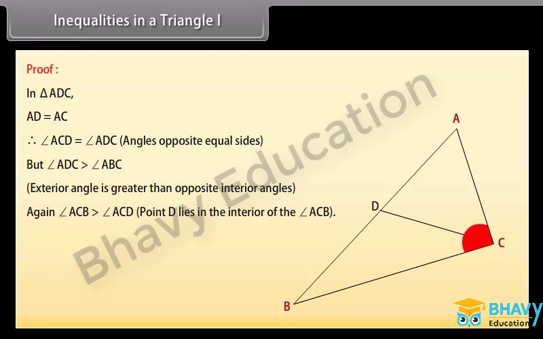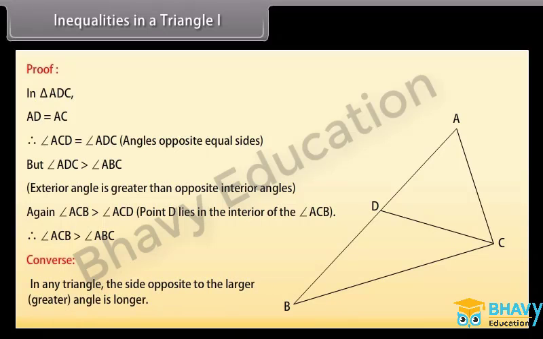Again, angle ACB is greater than angle ACD because point D lies in the interior of angle ACB. Therefore, angle ACB is greater than angle ABC. The converse of this theorem is also true, which states that in any triangle, the side opposite to the greater angle is longer.